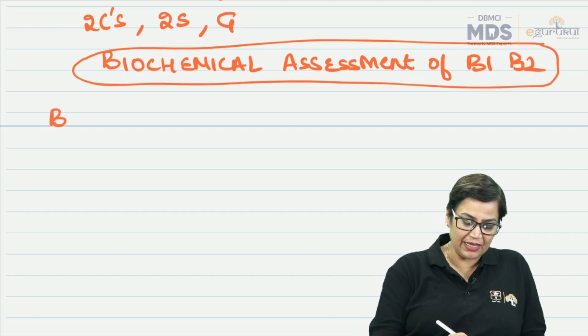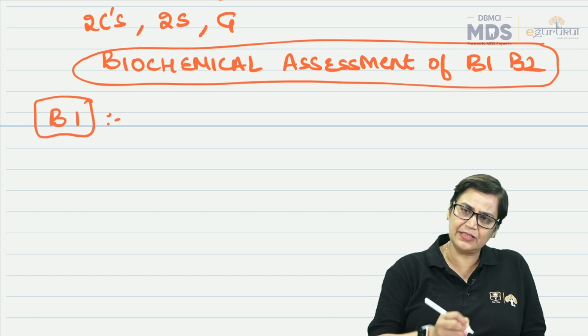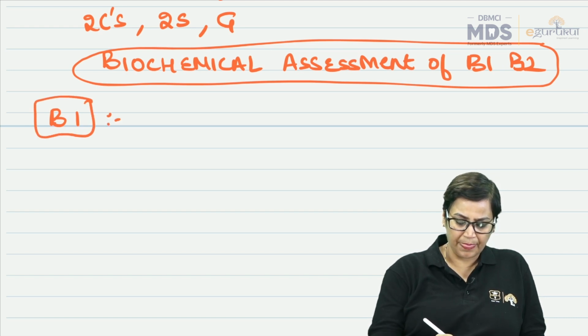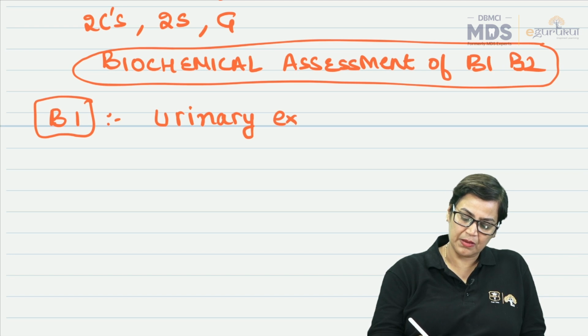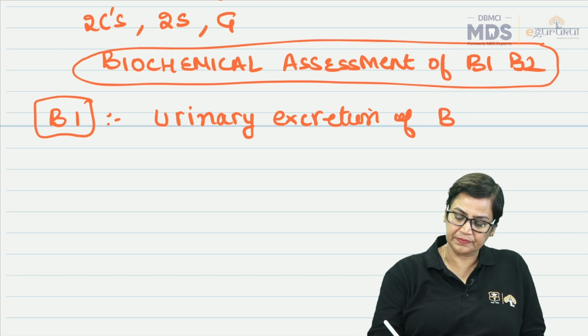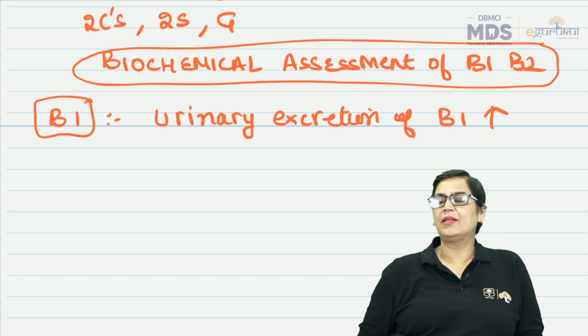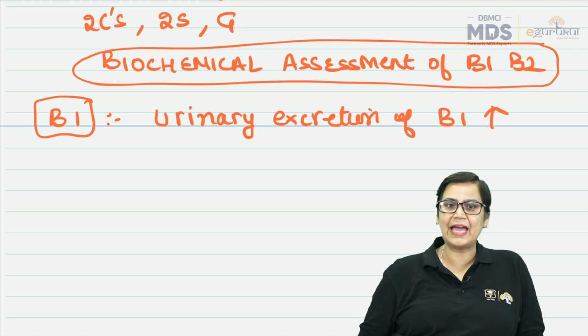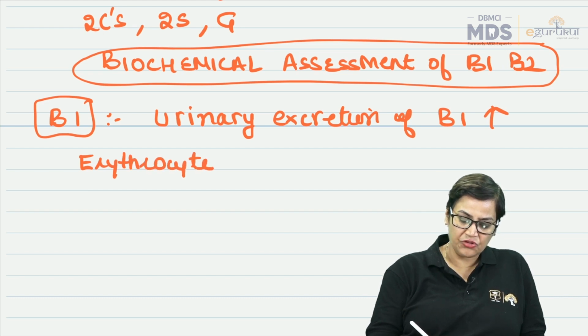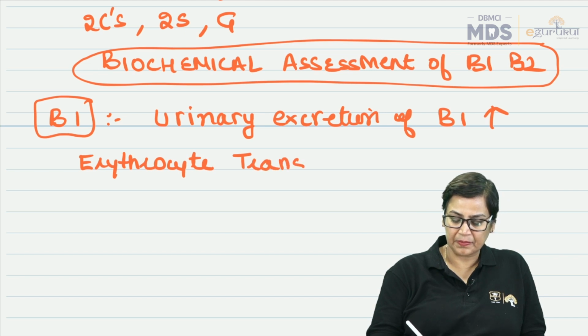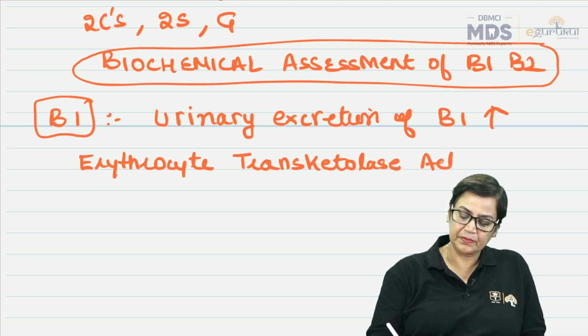First, for B1, obviously one is urinary excretion of thiamine. If it increases, but the most important test which is carried out to check is erythrocyte transketolase activity.